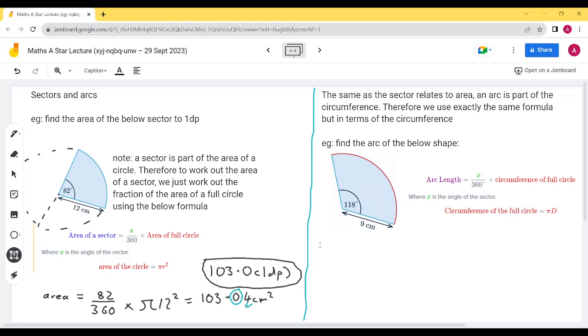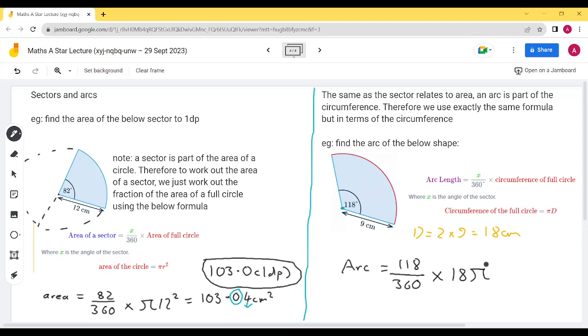Okay, so in this case, we've got 118 degrees. So diameter, well, again, it's imagining it's a full circle. So the radius would be 9, so our diameter would be, of course, 2 times 9, which is 18 centimeters. And so we can say our arc equals 118 over 360, and then we've got times 18 pi.